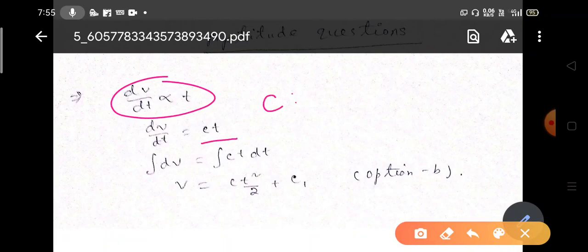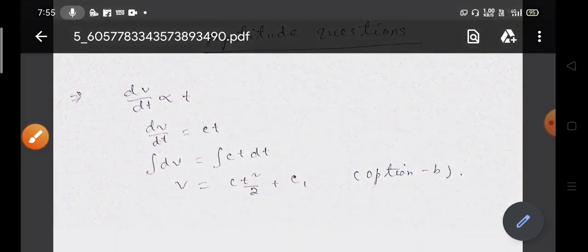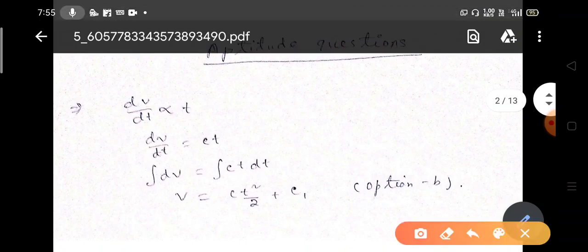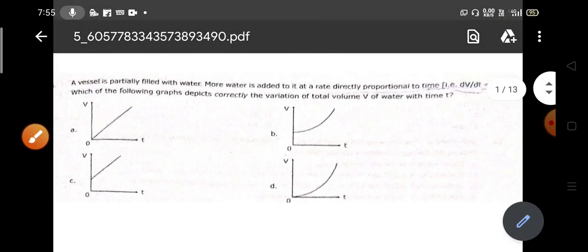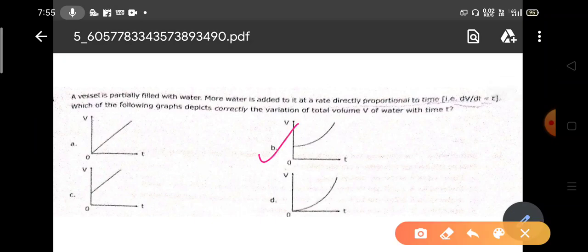So you integrate it. So dV will be the integration of ct dt. So we get V equals c t squared by 2 plus c1. Here c1 is the integration constant. So from here we can get that the nature of the graph should be parabolic. So option B is the correct answer.